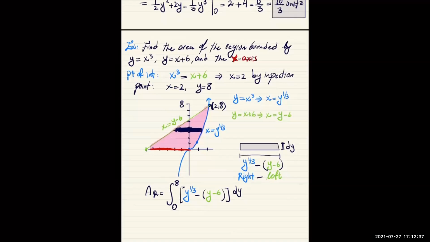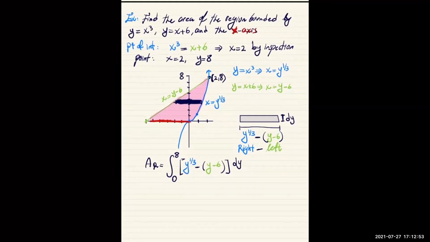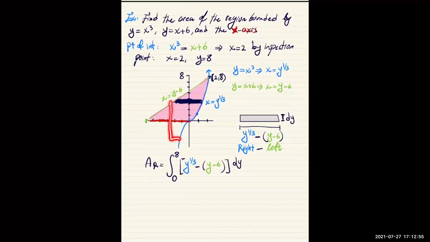You're talking about this area, right? It would give you, no, it wouldn't, Saad. It would not give you net area, because when you do top minus bottom, imagine this rectangle.